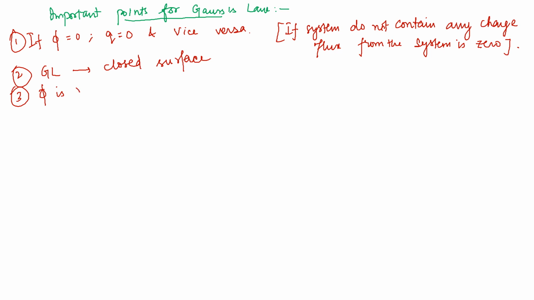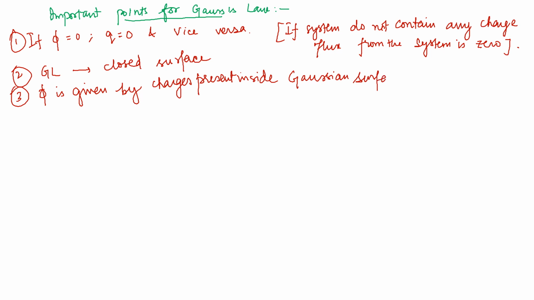Third, flux is given by charges present inside the Gaussian surface. What is a Gaussian surface? A surface for which we are defining Gauss's law.